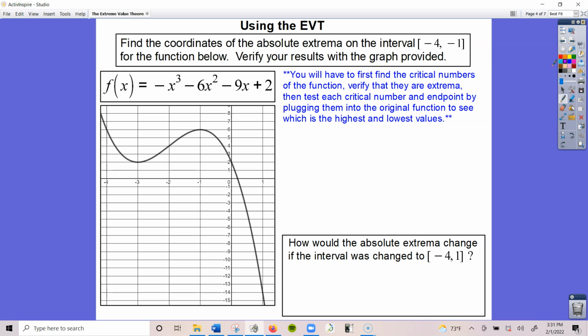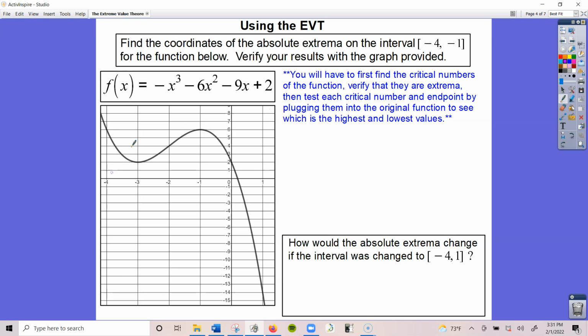Now let's see how we would apply EBT. It says here to find the coordinates of the absolute extrema on the interval -4 to -1 for the function below. And then we're going to verify these results with the graph provided. So the first step to applying EBT is obviously determining if the function is continuous.